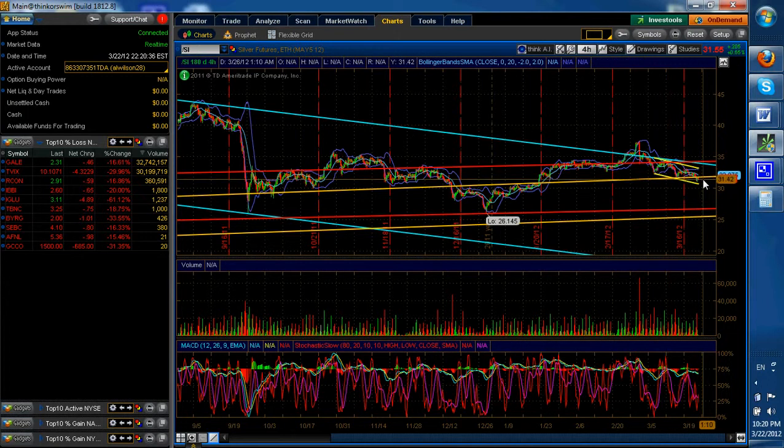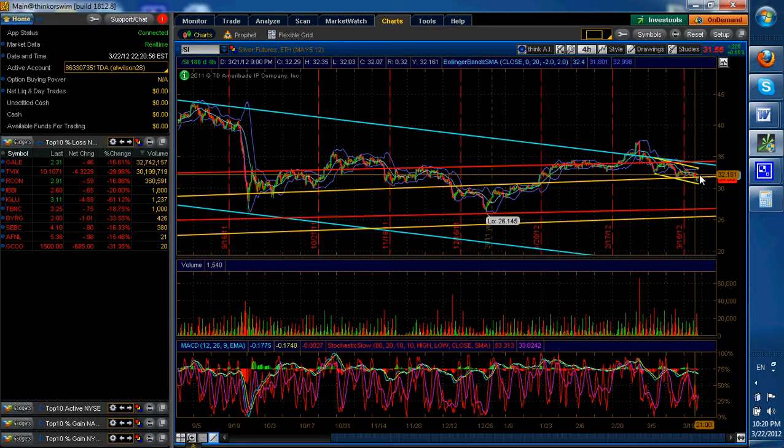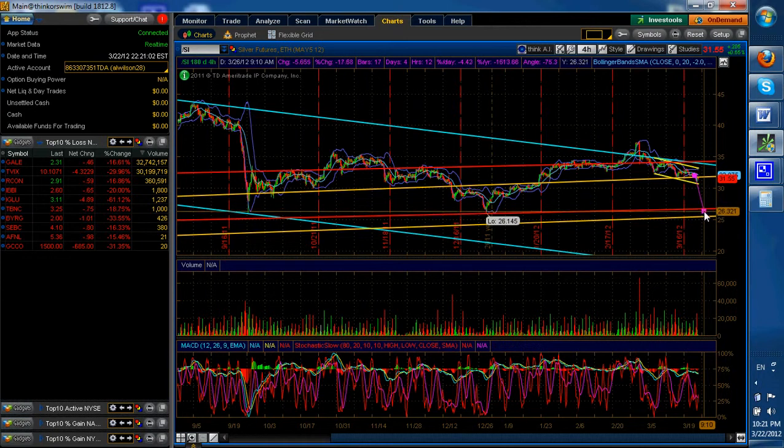And so when commodities crash, expect the crash from the stock market, because that's normally what happened. If you look at the trends back in 08, when oil hit the peak of $144 a barrel, it crashed all the way down to $40 a barrel, and then the stock market just followed. So I think we have a head and shoulders once again, and I think we're going to have a pullback all the way down to these levels.